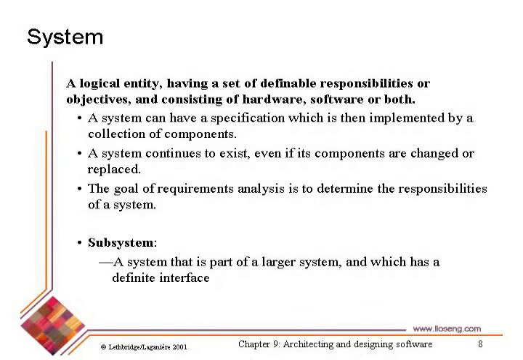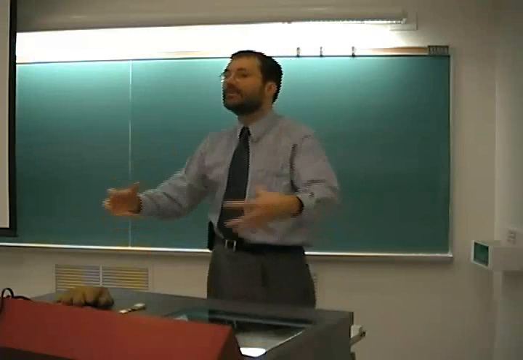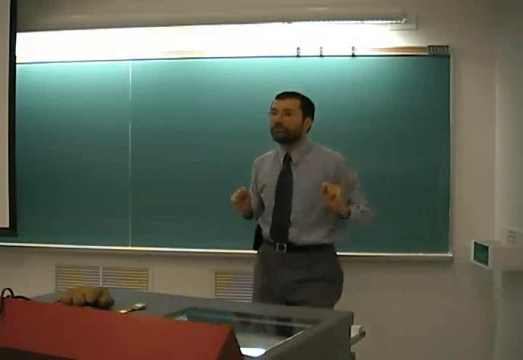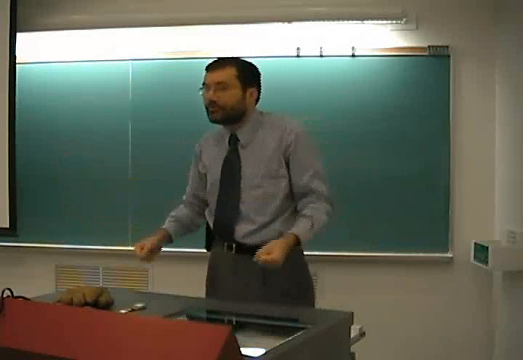So what distinguishes a system from a component, or in particular, a subsystem? We said we can break systems down into subsystems, right? It says that at the bottom of the slide. A subsystem is a system that just happens to be part of a larger system. The way I distinguish is that the system is the thing that has the specifications. And even if I take all the components out and replace them by all different ones, it's still the same system.